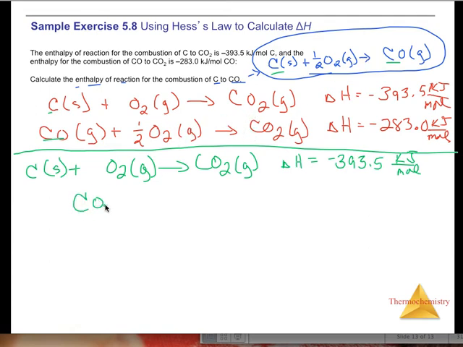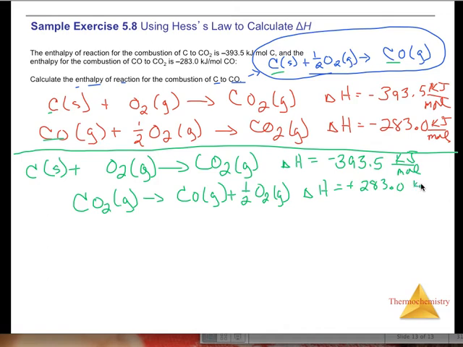So I'm going to have its product as a reactant, and then have the carbon monoxide reacting with a half molecule of oxygen. The delta H, since I flipped this equation, the enthalpy of reaction for the reverse is just the opposite sign but the same number. So it's a positive 283.0 kilojoules per mole.